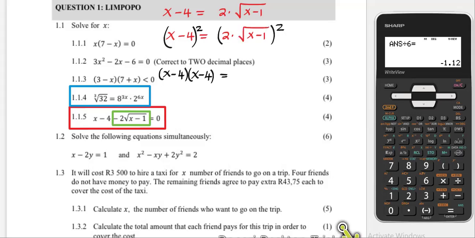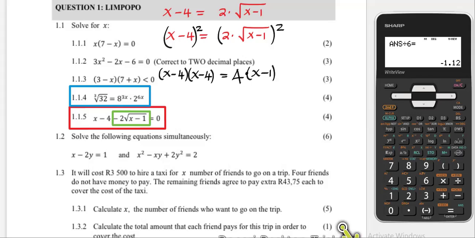But this 2 will affect that 2 as well. It becomes 2 squared, meaning this will become 4. So you write a 4, times, the square root is gone, x minus 1. Just open the bracket for that one and write x minus 1.